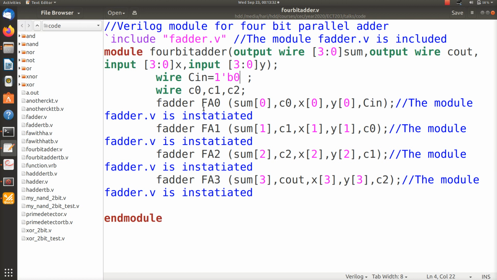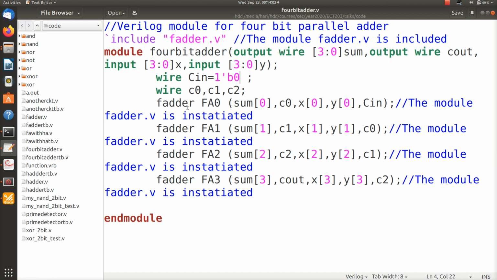Okay, now I make 4 instances of the full adder, just like I put 4 blocks in the QUCS diagram. I make 4 instances of the full adder, that is fadder, say f0. What this computes is, it takes the input x0, y0, that is the first bits, and the C in, which is held at 0, and produces a sum 0 and carry output C0.